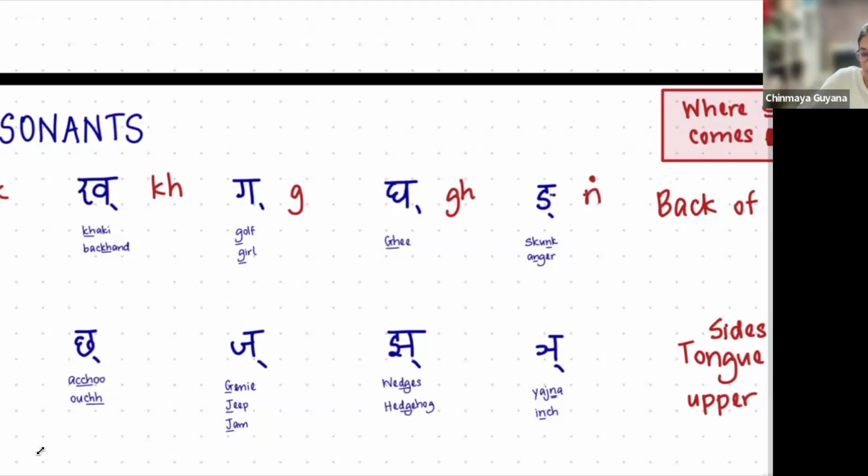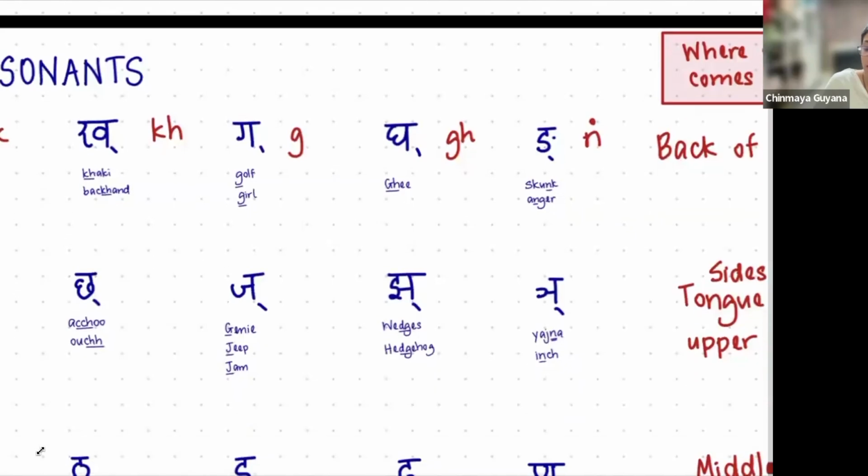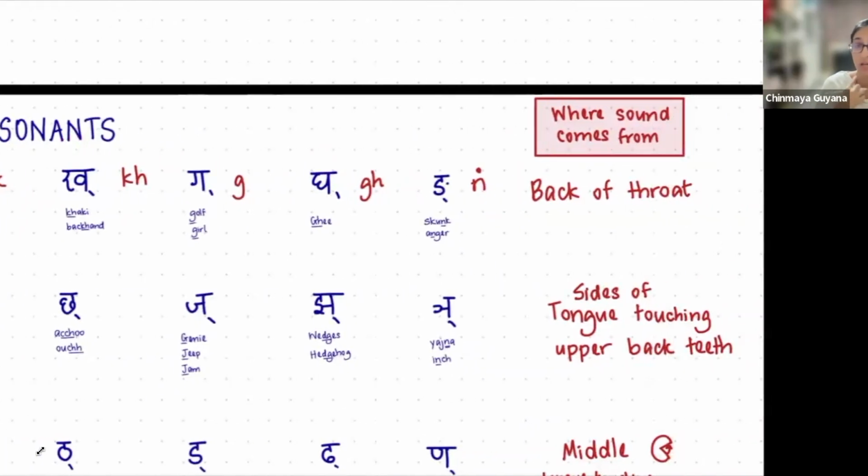See how this dot is on the top over here? The dot comes on the top of the n, okay? So when you see an n with a dot on top, you should know this is the sound, okay? And the sound comes from the back of the throat. You should hear the sound in the back of your throat.